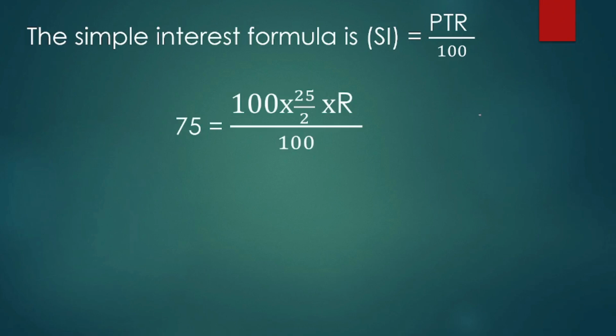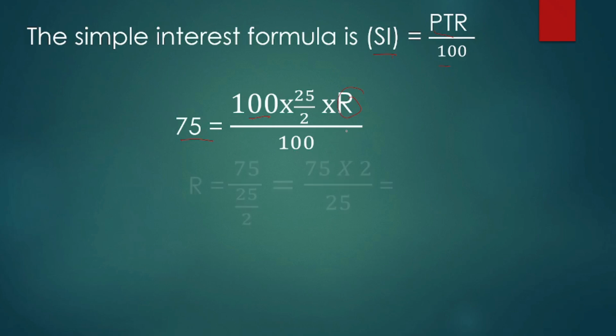According to the principle of simple interest, simple interest equals PTR by 100. We know the simple interest is 75, the principal is considered as 100, and 25 by 2 is the time period T, 12.5 years. We don't know R, that's why R remains, divided by 100.